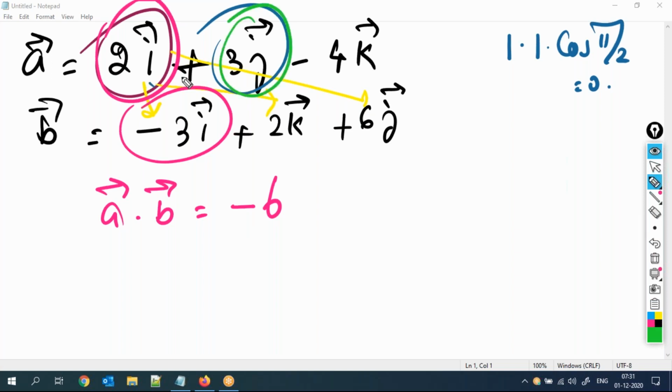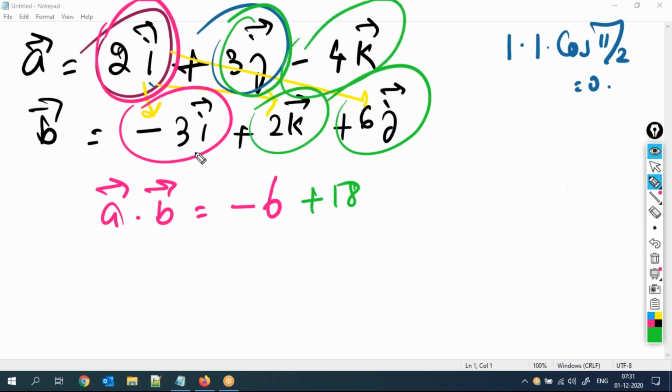Plus 18, this one and this one. How much? So -6 plus 18 minus 8, plus 4 is the answer. Are we clear?